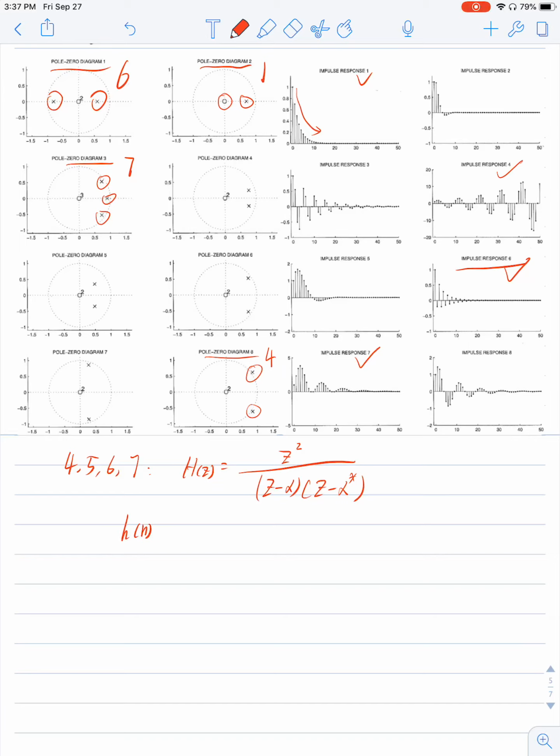And the impulse response h[n] is like c times r to the power of n sine(n omega 0 plus phi) times u[n].